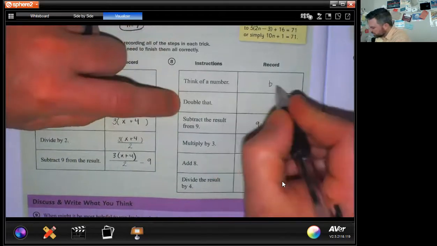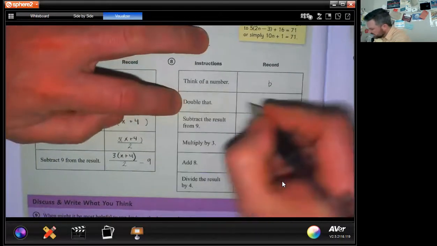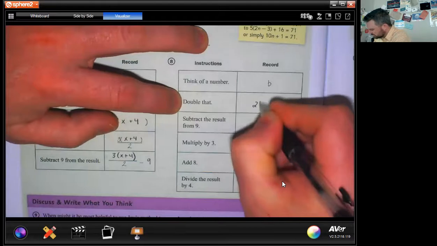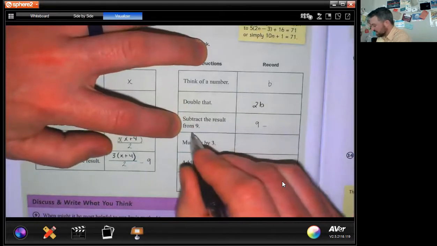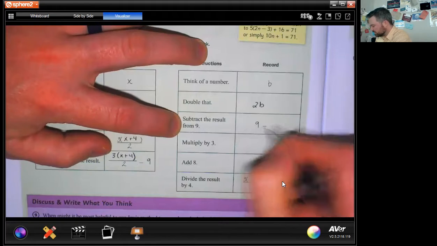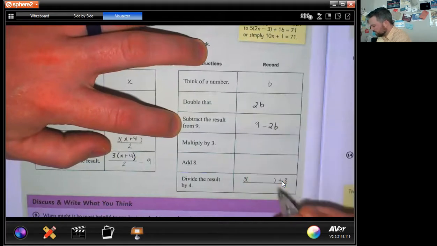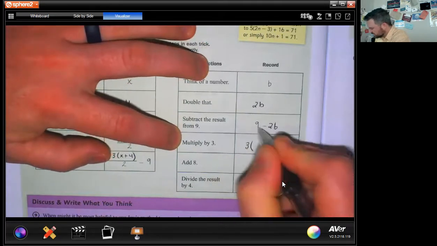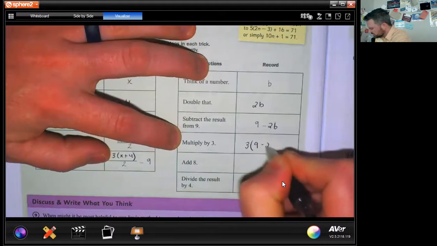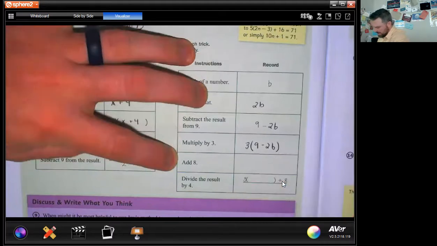Over here we have think of a number b. Double that, so 2b. Subtract the result from 9. Okay, so 9 minus 2b. Multiply by 3. So we got 3 times that result. Add 8.